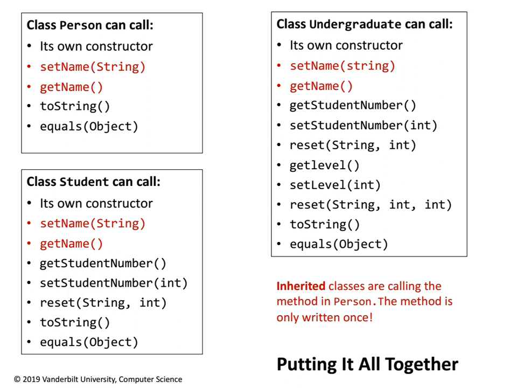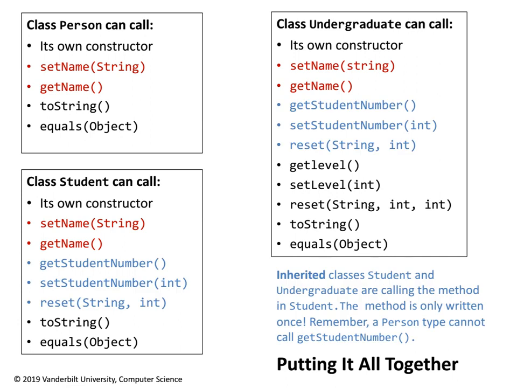So these methods are originally defined in person, inherited into student, and then continually inherited into undergraduate. So this is multi-level inheritance in action. Even though we only wrote these methods once, we're still able to make use of them in the student class, and then further in the undergraduate class as well. So this is a way to eliminate redundancy and be able to reuse and extend already debugged code.